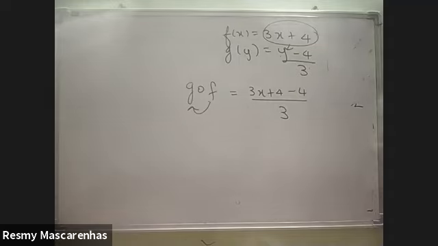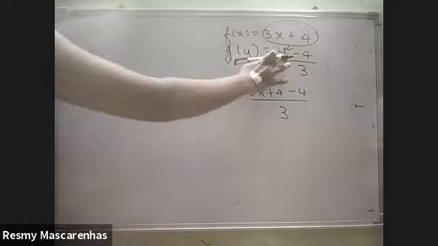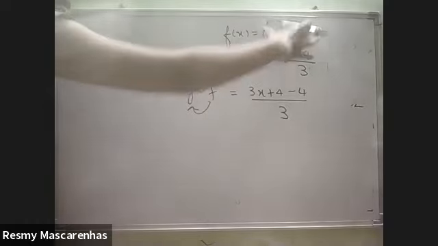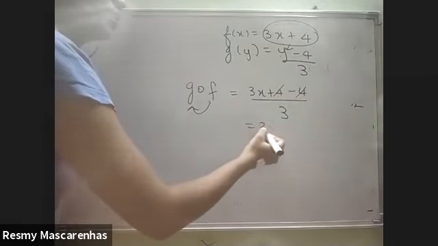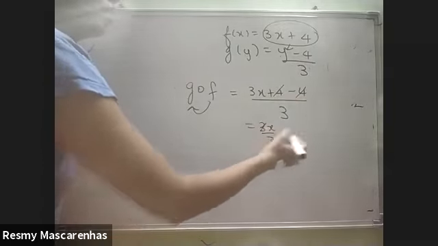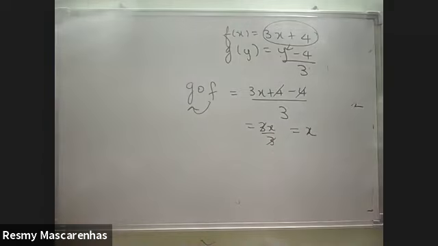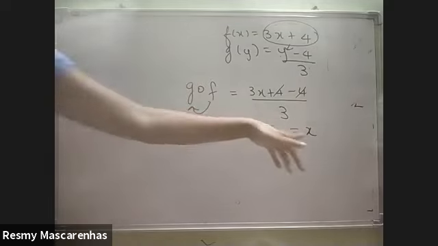Now there is no X here, it is Y, so instead of Y you have to put this whole function. Now cancel and see. The answer you got is X. So the first condition is satisfied. To prove that it is invertible, you have to show that GoF is equal to X.